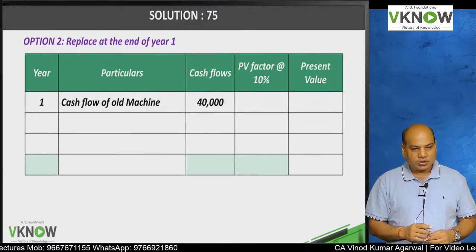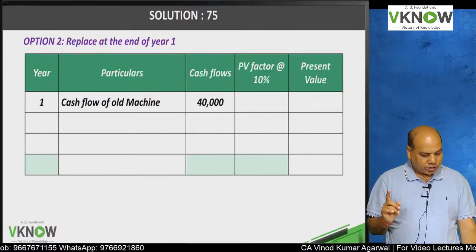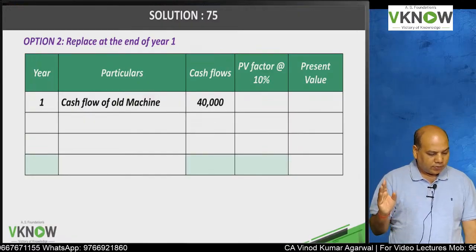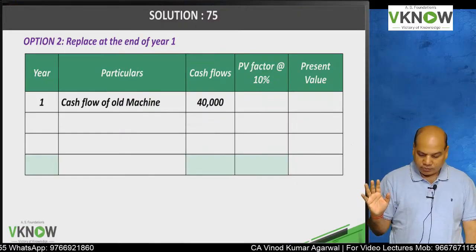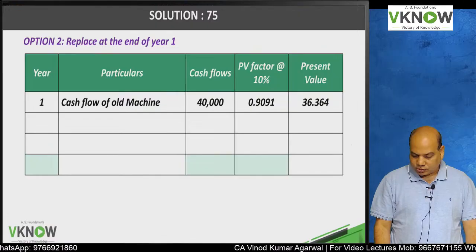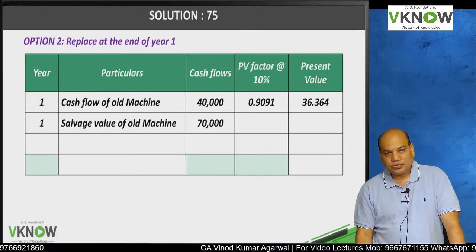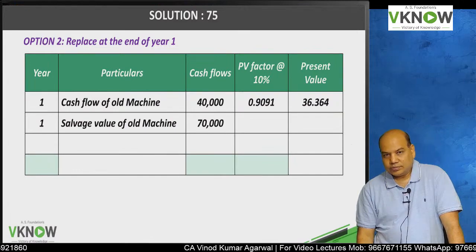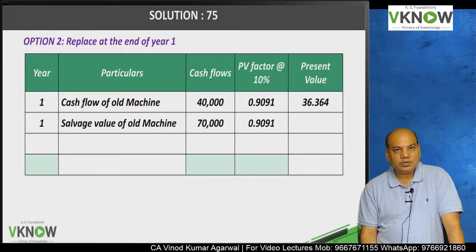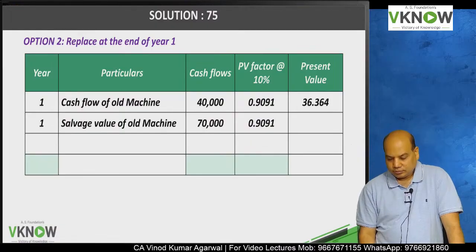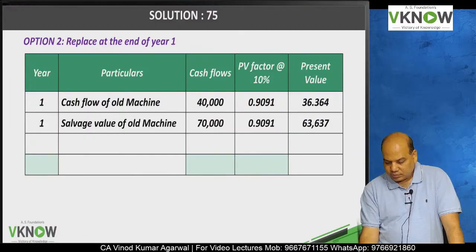It is given in the question. Year 1 cash flow will be 40,000, and you can scrap it also. Scrap value 70,000. Present value factor 0.9091. Total 63637.